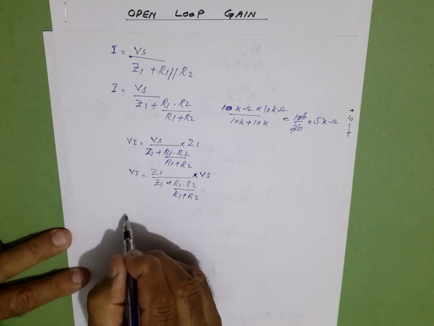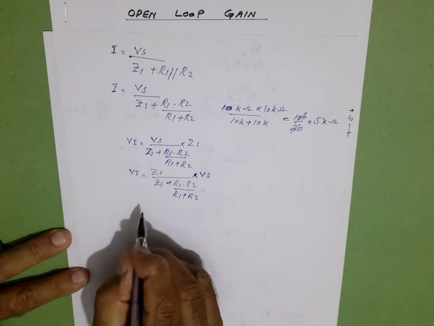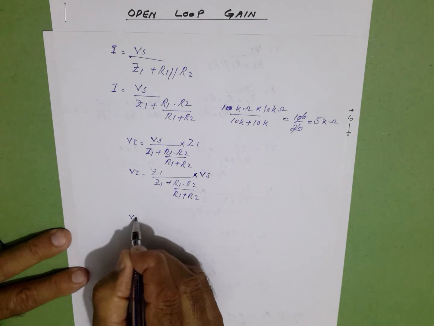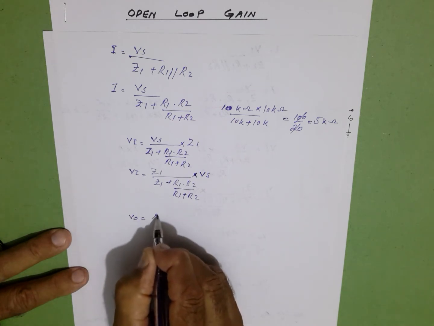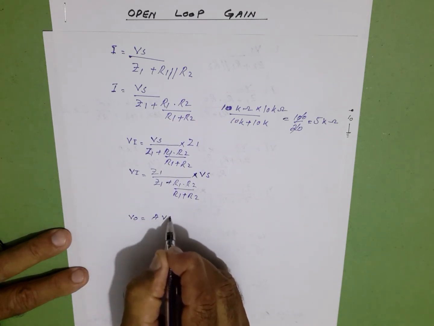We know that the output control generator, V0, is equal to A times V input.